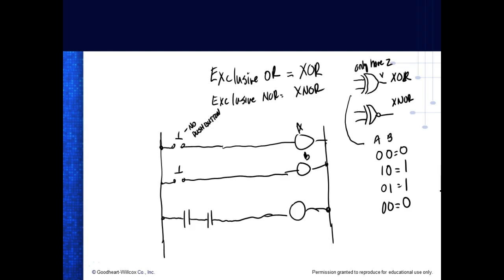I get a 0 when the 2 inputs are equal. This guy says I get a low when the 2 inputs are not equal. That's the way this thing goes. There's always 2 inputs. So these are our comparators, guys. Using these, I can tell if the 2 inputs are equal or not equal, if they're the same or not the same.